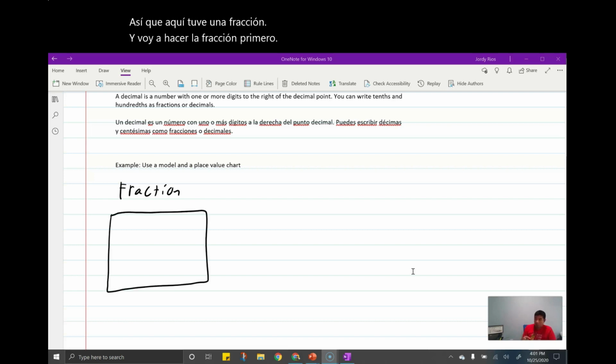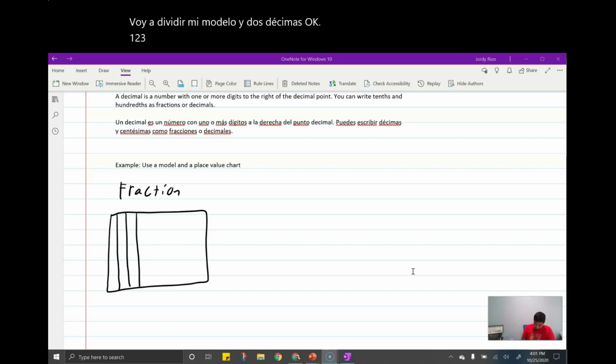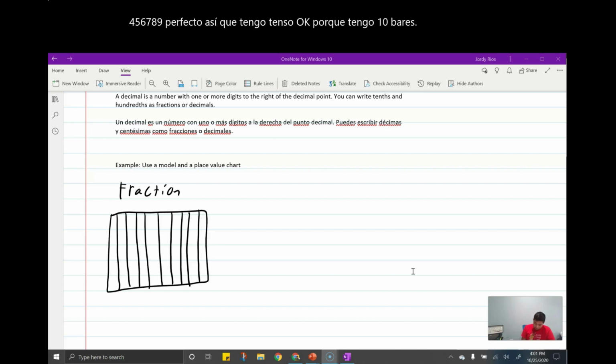I'm going to divide my model into tenths, okay? 1, 2, 3, 4, 5, 6, 7, 8, 9. Perfect. So I have tenths, okay, because I have 10 bars. Let's say I want to shade in 7, okay? 1, 2, 3, 4, 5, 6, 7, 8.